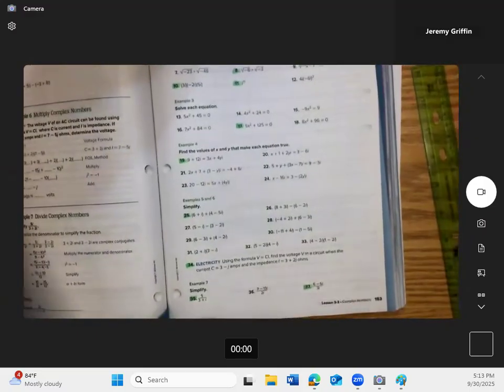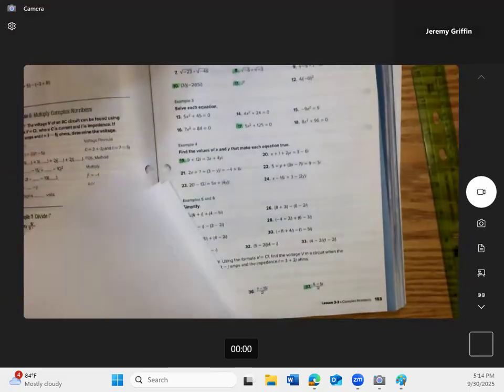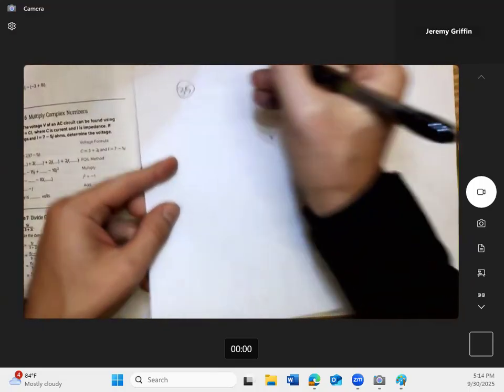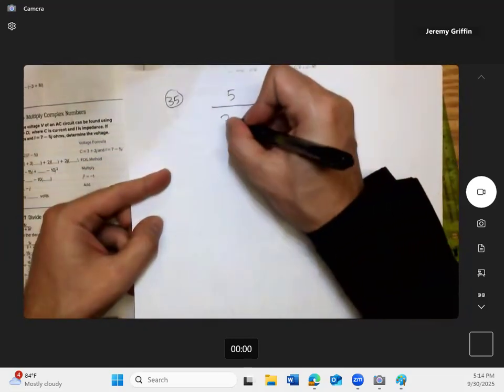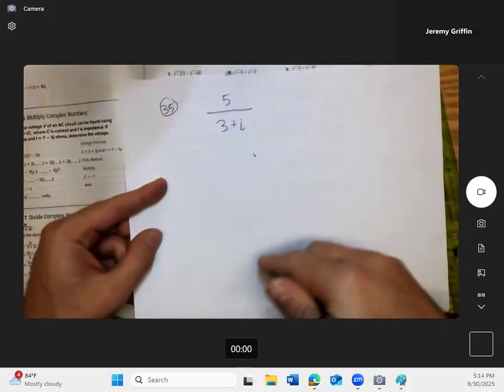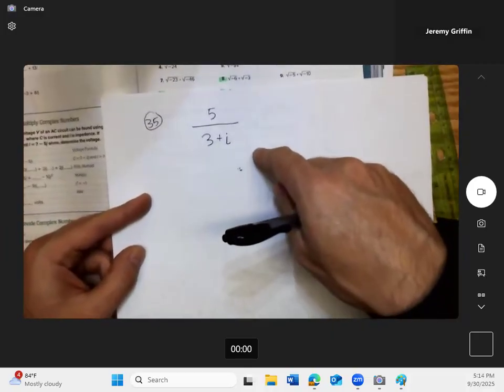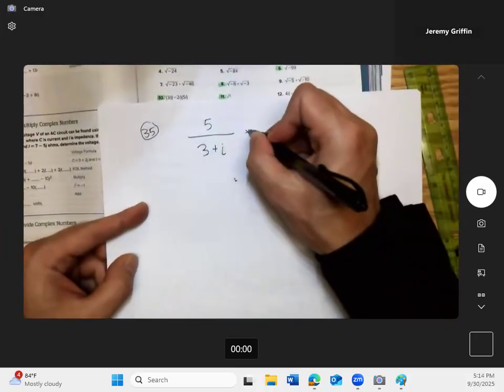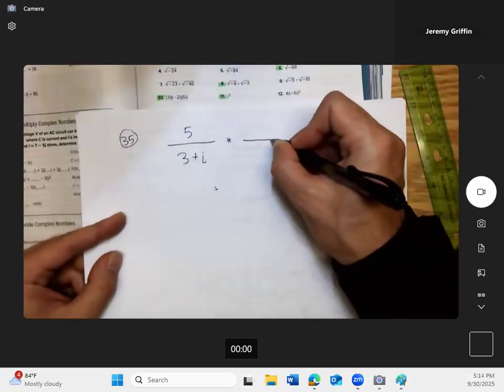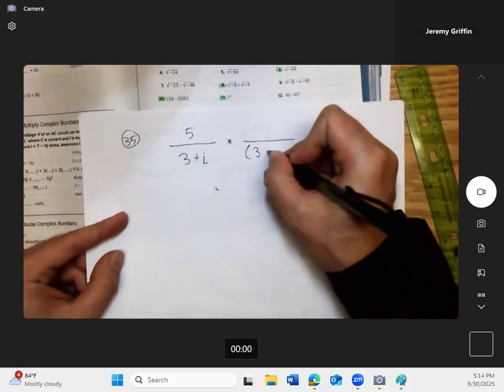All right, 35. Simplify. 35. So we got 5 divided by 3 plus i, right? Again, maybe as a standard, I want all the imaginaries to show up in the numerator, not the denominator. So I'm going to bring in a complex conjugate, which I think would be 3 minus i.